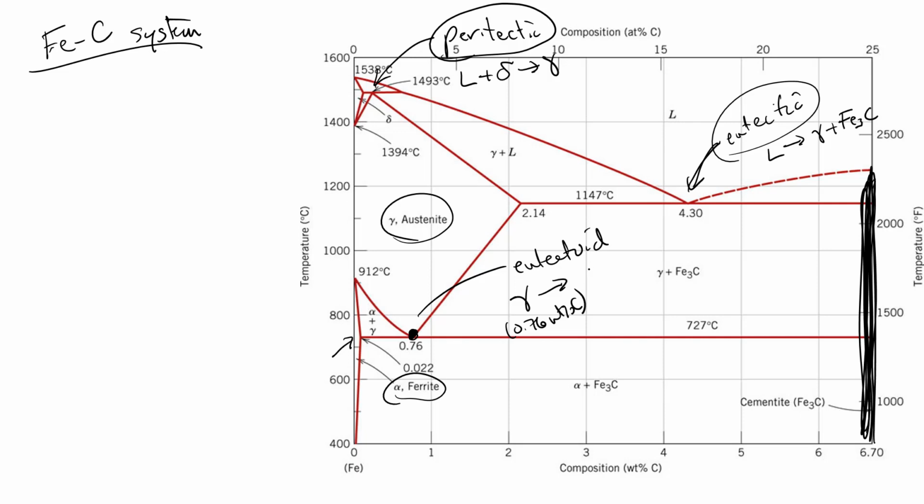When we cool down, it splits into two phases. Alpha, which has hardly any carbon, it has 0.022 weight percent carbon, plus Fe3C, which has a lot of carbon, 6.7 weight percent carbon.